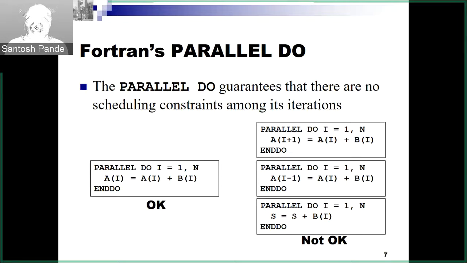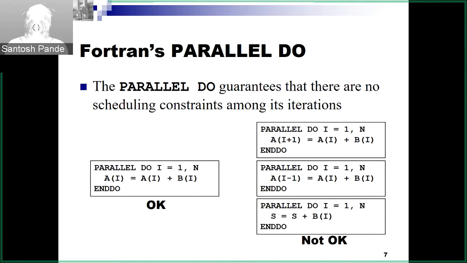In the next one, you can see that there is exactly the reverse case, A of I minus 1 and A of I. Let's consider iteration 5, which will be reading A of 5. The next iteration, 6, will be writing A of 5.